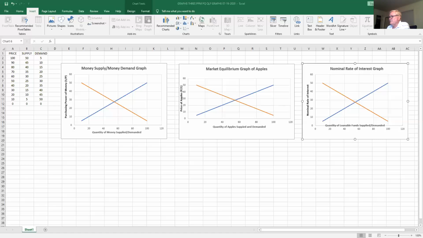The third graph is the nominal rate of interest graph, meaning it's the quantity of loanable funds graph. And our intersection point there is interest rate I subscript 1. And we have underneath point 1 on the horizontal axis QLF1, quantity of loanable funds, supplied and demanded, 1.